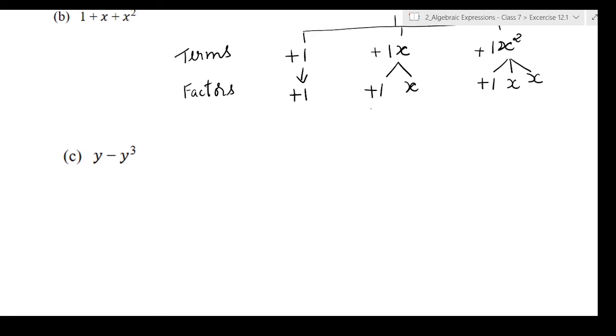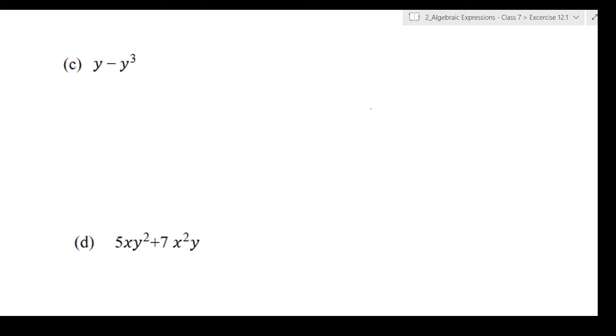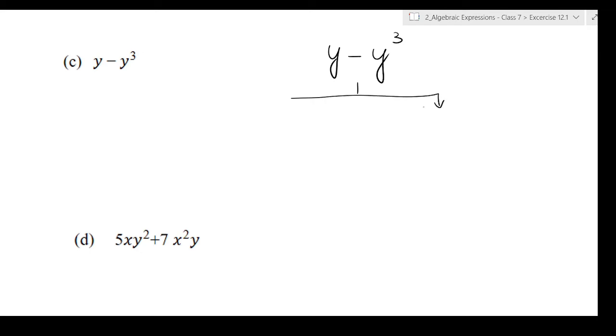Okay, we'll solve the next one, that is y minus y cube. Y cube is y to the power 3. Y minus y to the power 3. The two terms are y, and please don't forget to write the sign, minus y to the power 3.